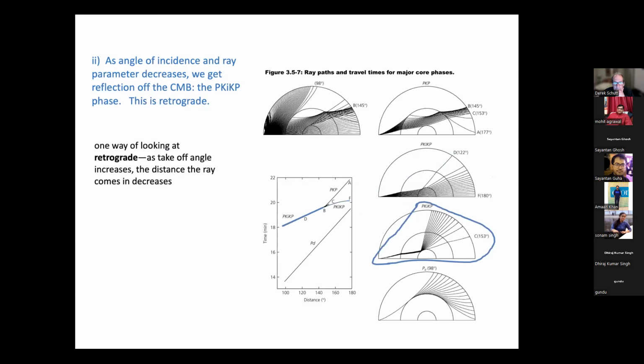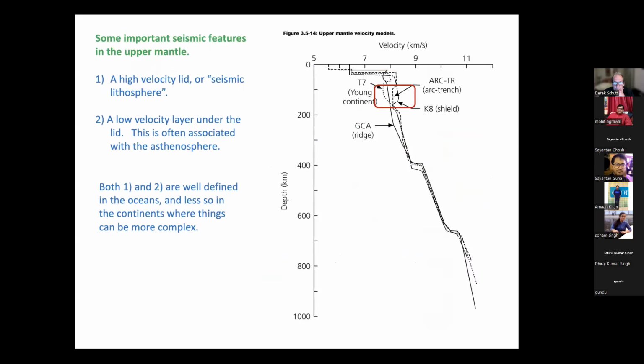Can you please go to figure number 3.5-14? Yes, this one. What do these lines mean? We have a solid line, a dashed line, and a smaller dashed line. Oh, these are velocity plots for different regions in the Earth.